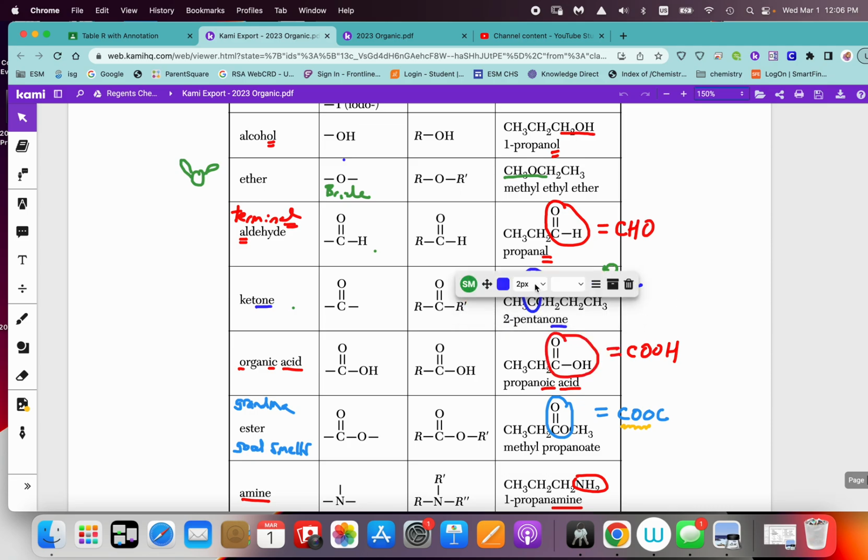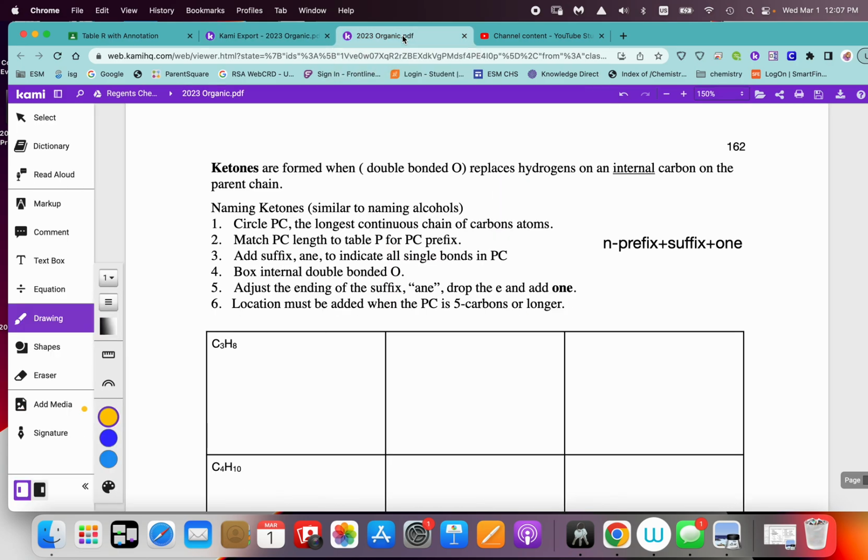We see what the functional group is. So we have to add a double bonded oxygen to the structure. And when we take a look at it, it has to be on an internal, not a terminal carbon, on an interior carbon. So let's look at a couple of examples here.